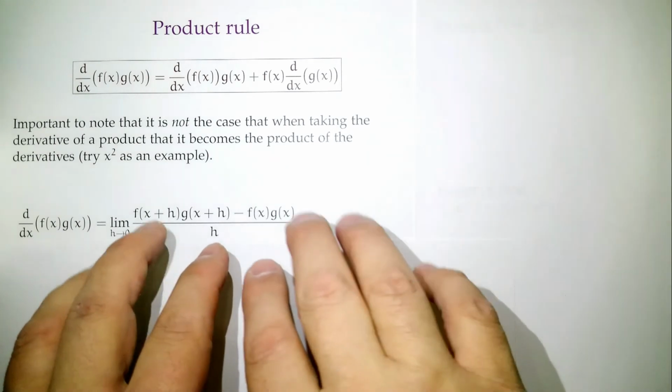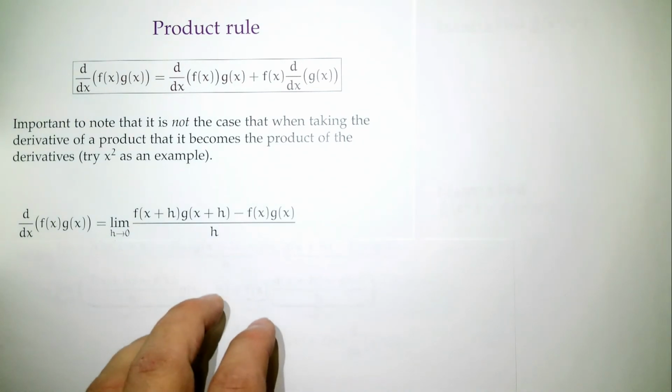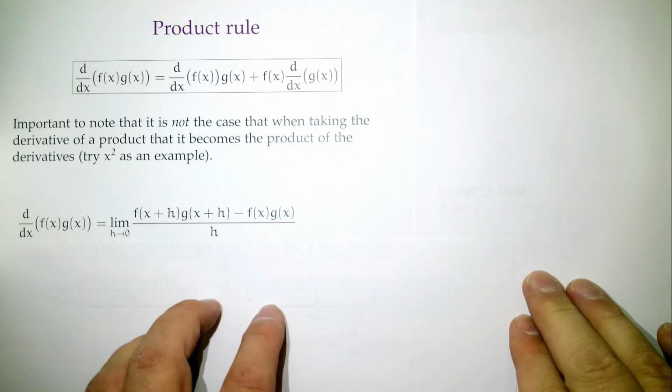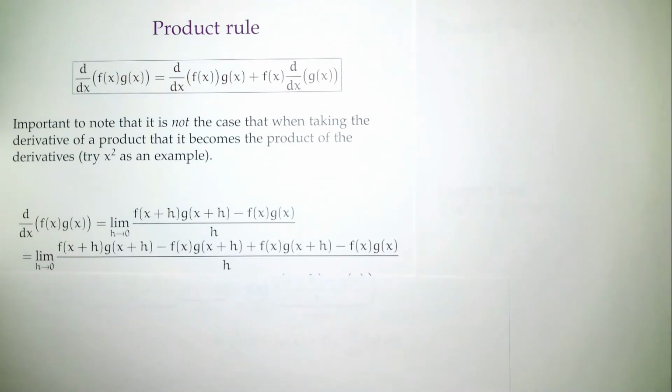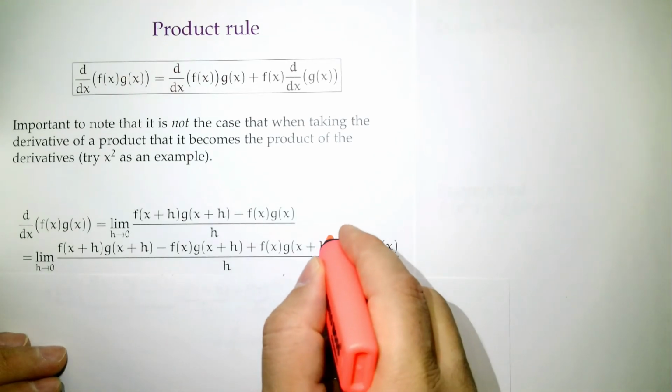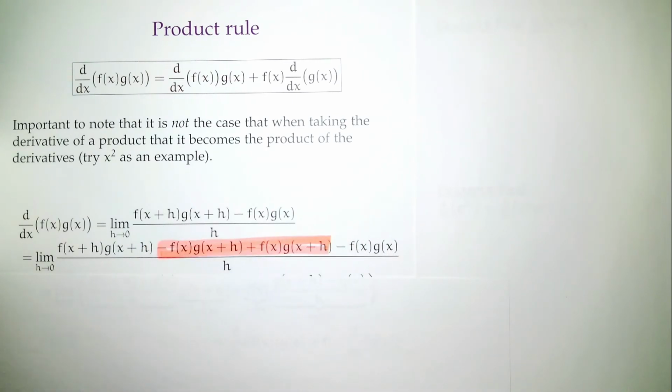Now, what I'd like to do is pull this apart. And I can't quite do it here, but here's a great idea. Let's add 0. And the claim is that this expression is the same as the expression above, because if you look, this is what's new.